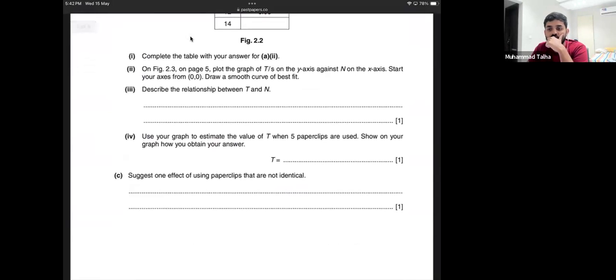You need to just think a bit about this. If paper clips are not identical, let's say if you have a really heavy paper clip in the middle versus lighter ones towards the end, would it complete proper oscillations? The answer is no. So if you just explain this in some way, the examiner will give you the mark here, right?